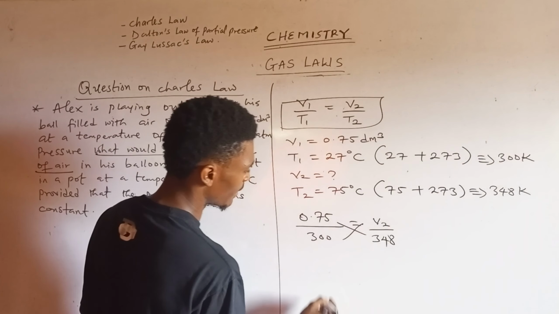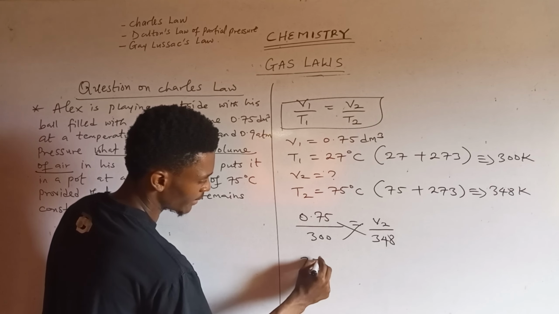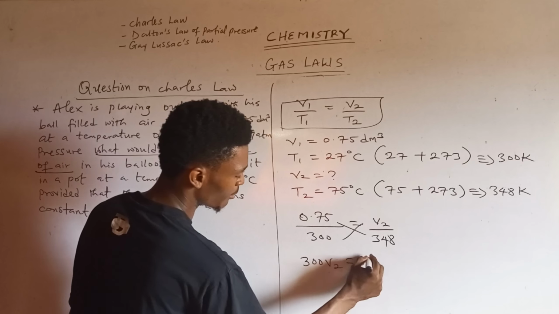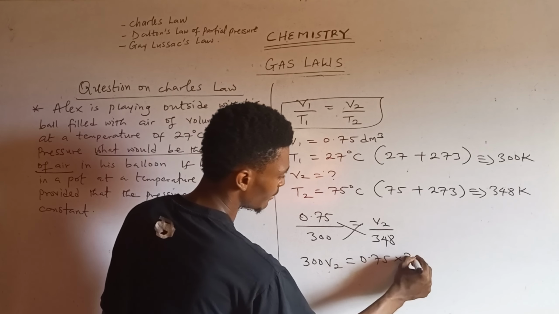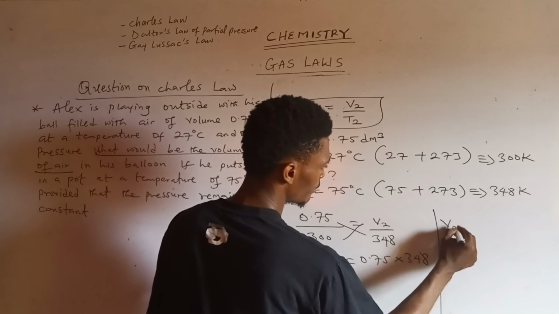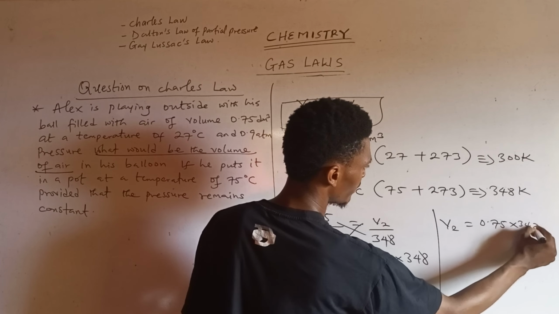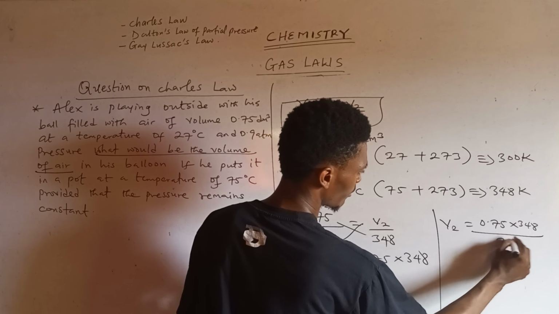So when we cross multiply, it becomes 300 V2 equal to 0.75 times 348. So our V2 would be equal to 0.75 times 348 over 300.